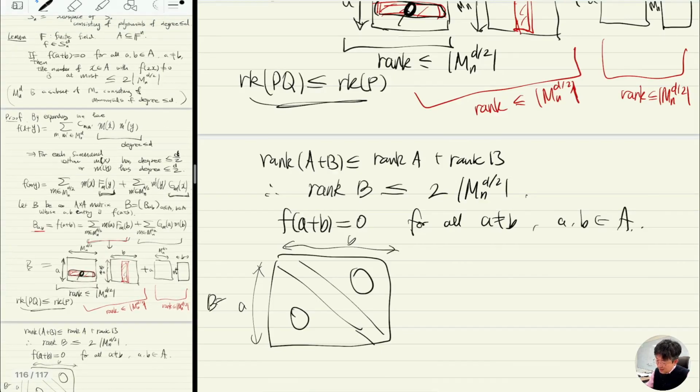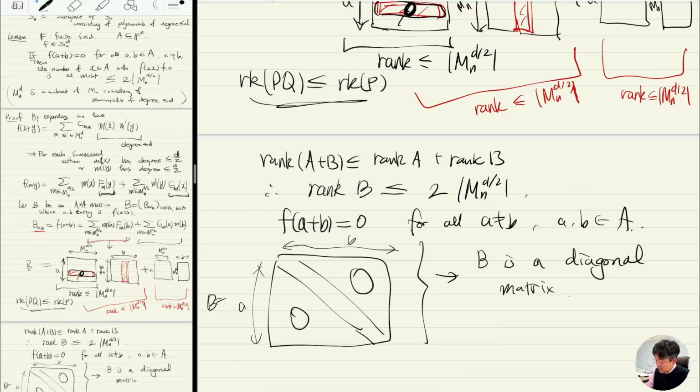All right. So that means B is a diagonal matrix. So the rank of B is equal to the number of non-zero diagonal entries.